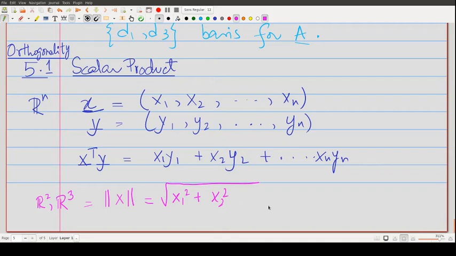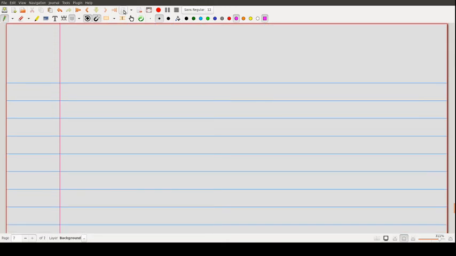For R3, you would have one more entry. But actually, this can be written as x1 dot x1 plus x2 dot x2. And of course, this is nothing but the scalar product of x with itself, so x transpose x raised to the power half. And that's true for R3 as well.